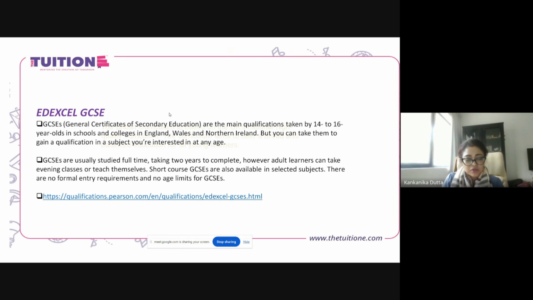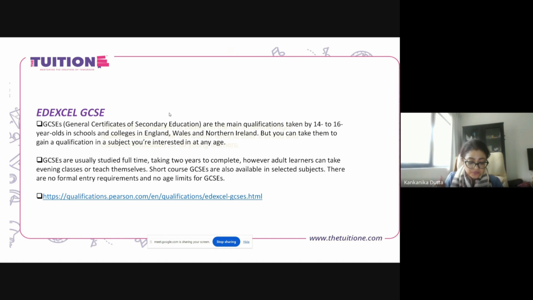So you have history, geography. These are all subjects that you can either choose, even English literature, you can either choose or drop. There is ICT, there is computer science, and a whole lot of other subjects, languages, French.